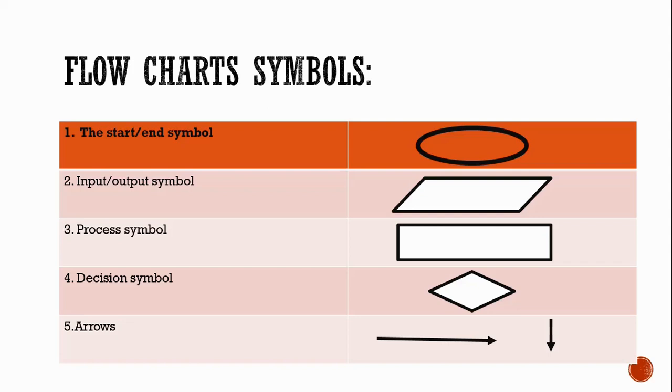And then you can make your selection. You can choose the situation. If it is raining, you will stay at home. If it is not raining, you will go to the playground area. So when you have to make decisions according to any condition, you will use the diamond shape. Here I already told you we will not give numbering, but we will use arrows to give the direction of the next instruction.